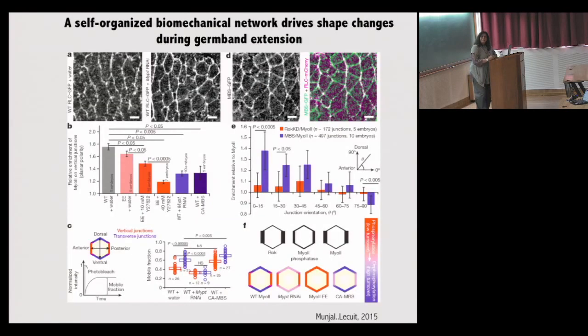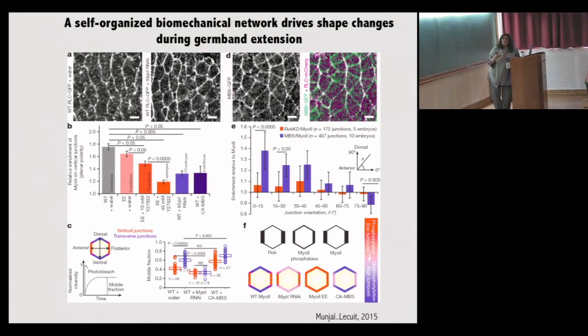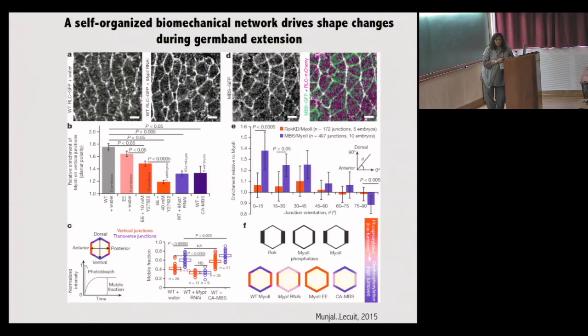the gene regulatory network that operates downstream of the gradients along the anterior posterior axis governs the polarization of the interfaces.